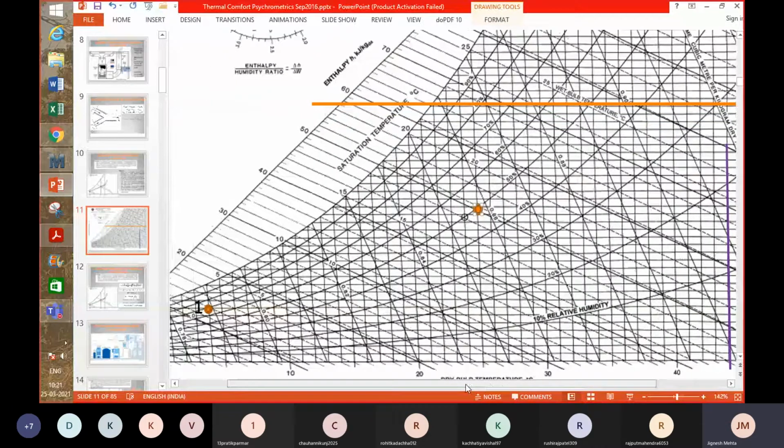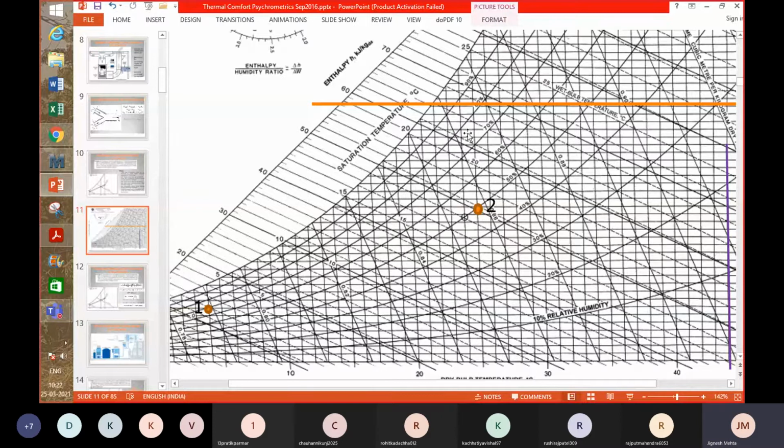That is stream 2, the condition of the stream coming from the conditioned space, right? And the other one is the outdoor air condition. Now these two are getting mixed.